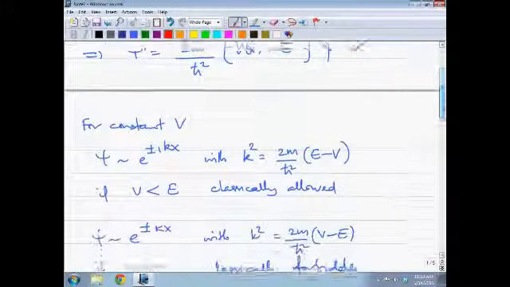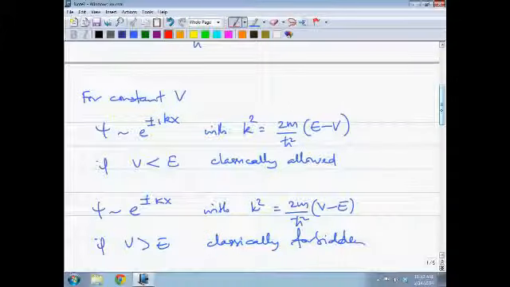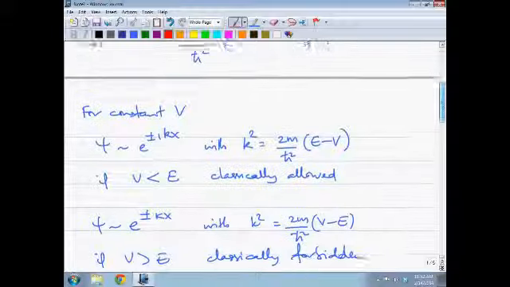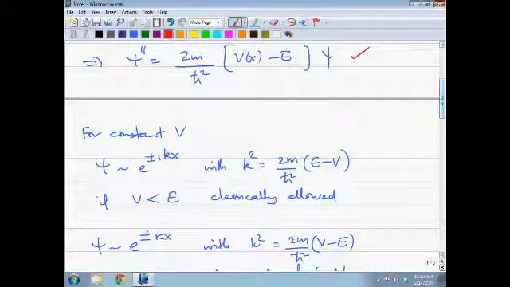Now, imagine for a moment that I ignore the fact that the potential is a function of position and simply consider a constant potential. The differential equation I just looked at then has two different behaviors. In the first case, when the potential is less than the total energy, which is the classically allowed region, and I'll explain in a minute why it's called that, the behavior of the differential equation is oscillatory.